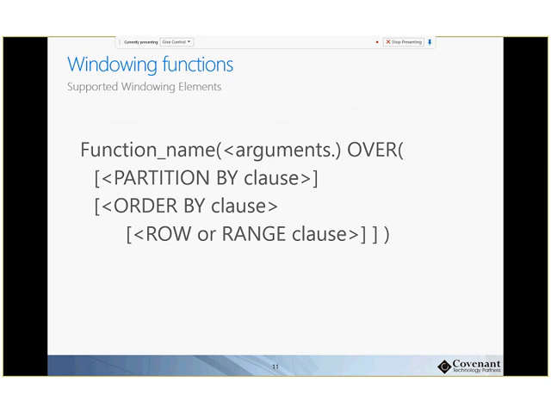Now, this is on SQL 2012. In 2008 R2, we have a somewhat reduced subset. There's no order by clause in the over clause. And then the other piece is that order by has options, a row or a range. With these parts, what we're able to do is create an aggregate over our data set of what we want.